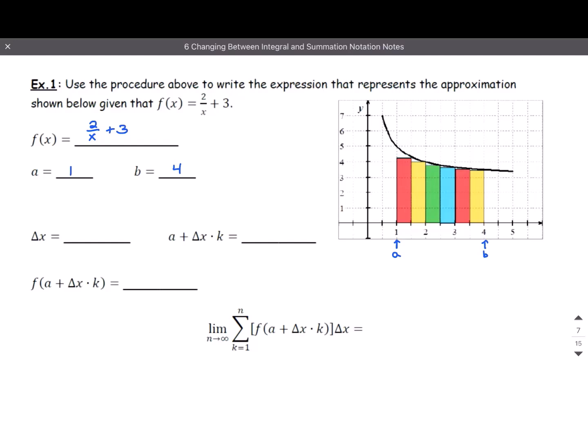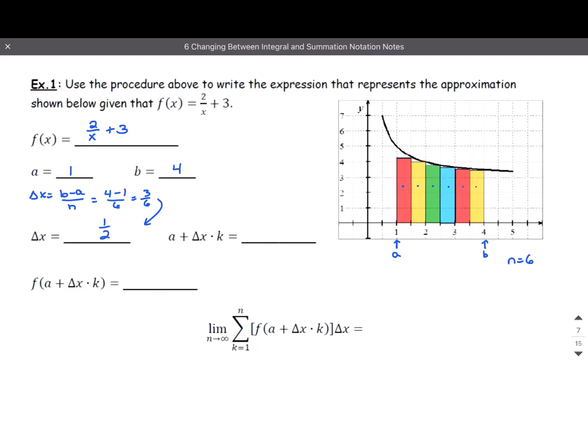I'm also going to count here. There's 1, 2, 3, 4, 5, 6. There are 6 rectangles. So let's find delta x. Now remember, delta x is b minus a over n. So that would be 4 minus 1 over n, which is 6. That's 3 over 6, which reduces to 1/2.